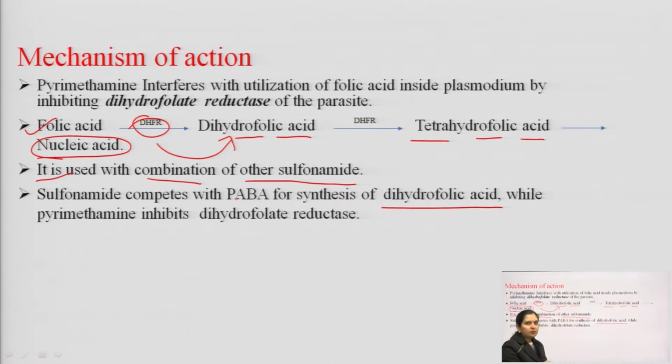So, when pyrimethamine is used with a sulfonamide, the sulfonamide competes with PABA and inhibits the synthesis of dihydrofolic acid, whereas pyrimethamine is responsible for the inhibition of the enzyme responsible for the conversion, that is dihydrofolate reductase. So, by this graph we can understand the mechanism of action of pyrimethamine very well.